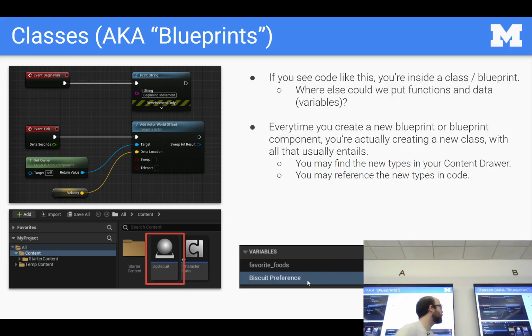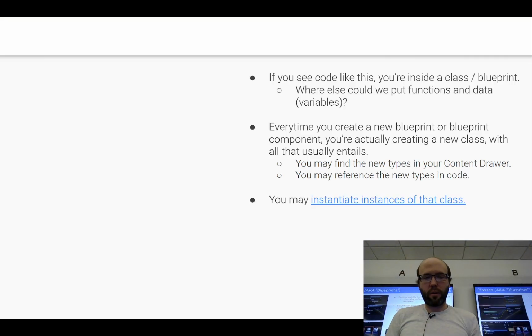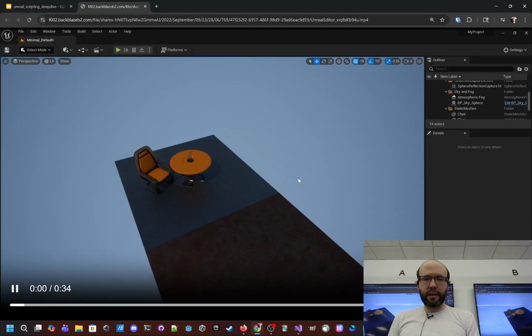For instance, once you've created the Big Biscuit blueprint, which might just be a biscuit you downloaded from Fab, and now you're instantiating it all over the map, you can actually use it as a variable type. That variable can only then be referenced to one of those biscuits that you have put out there. You can instantiate instances of that class like this.